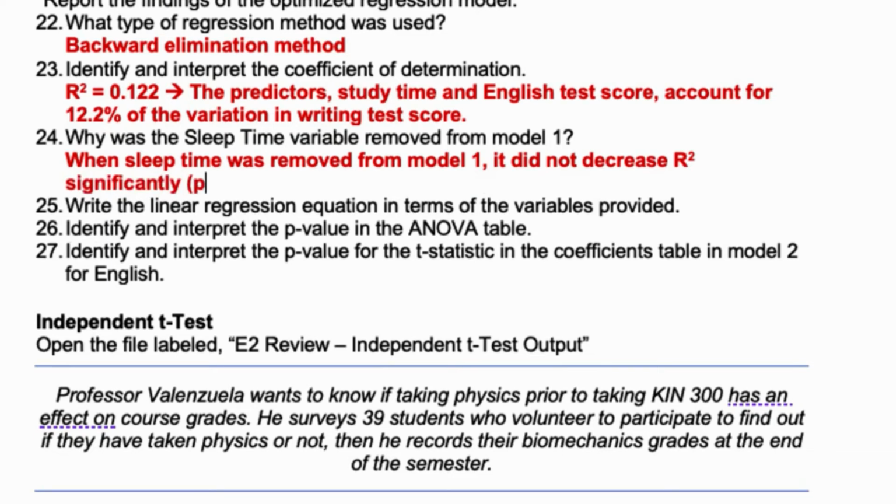And we can back that up using the p-value that was listed in the table, which was 0.247. Okay, so therefore it was kept out of the regression equation.